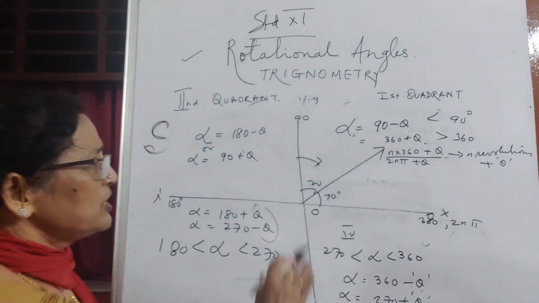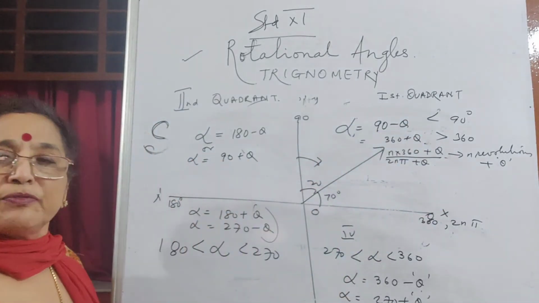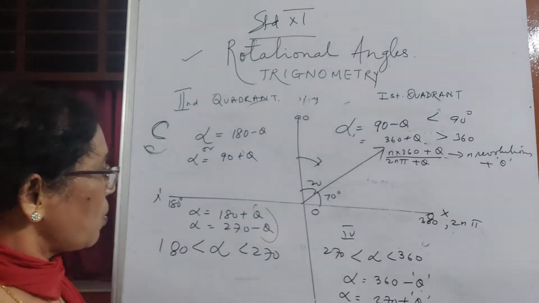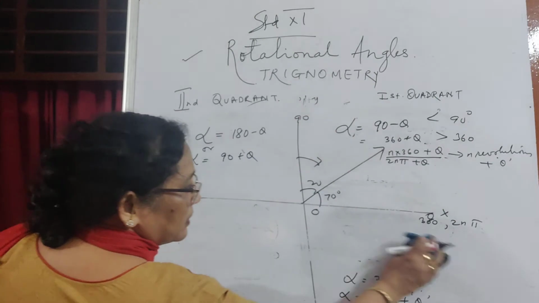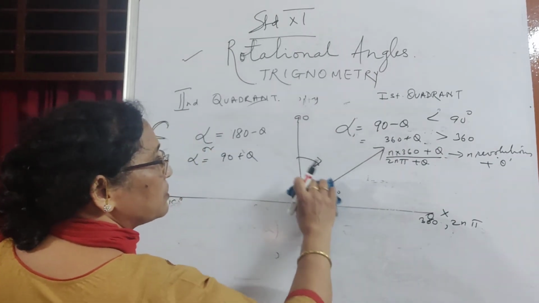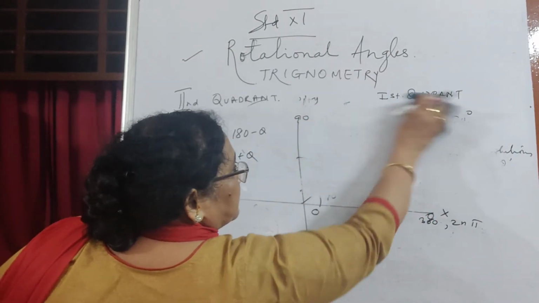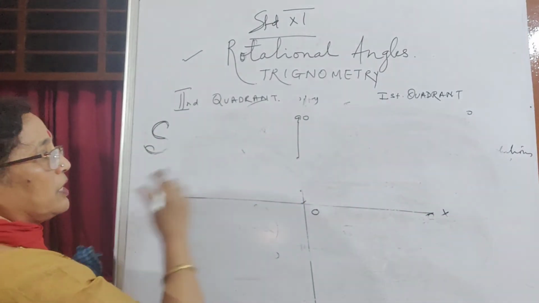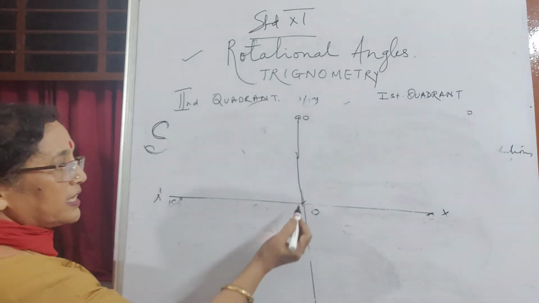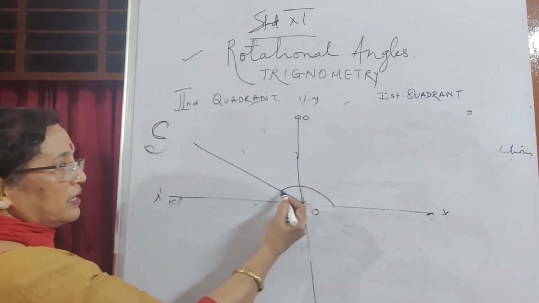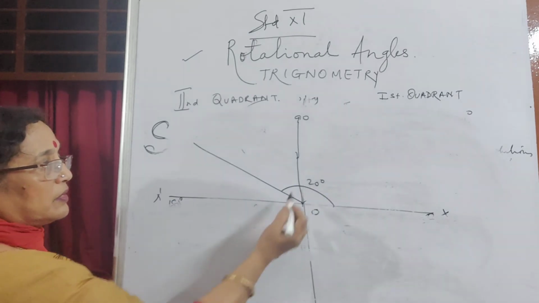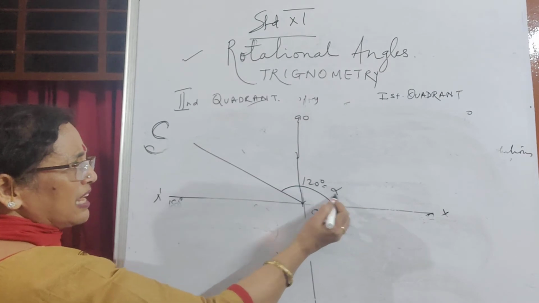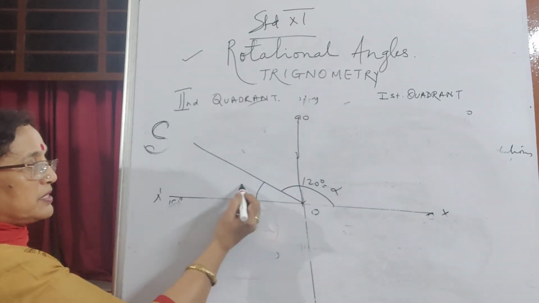Now, this is no problem, all trigonometric ratios are positive in the first quadrant, right? Now coming to this, I'll talk about one of the angles. Suppose I take an angle of 120 degrees, which I call some angle alpha. So this becomes 60.